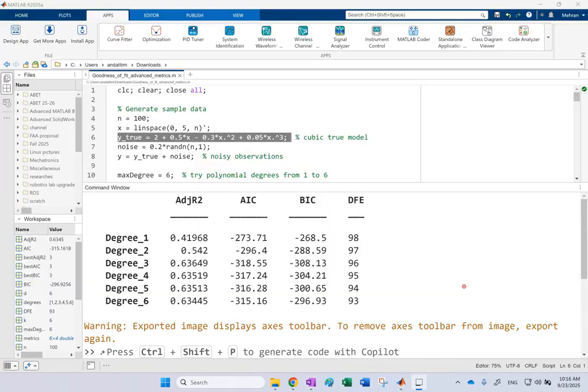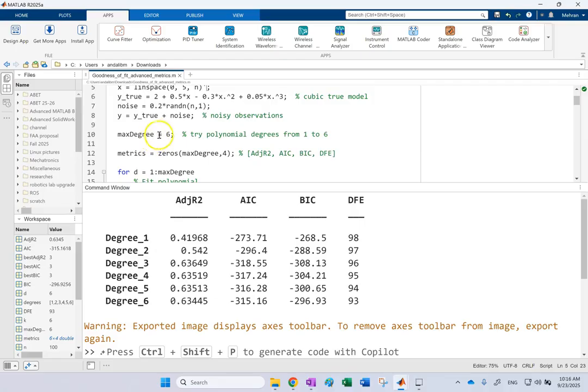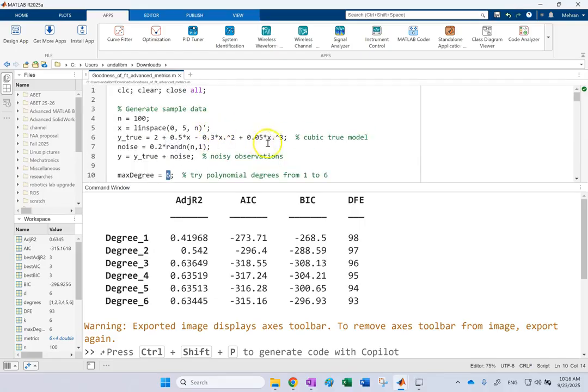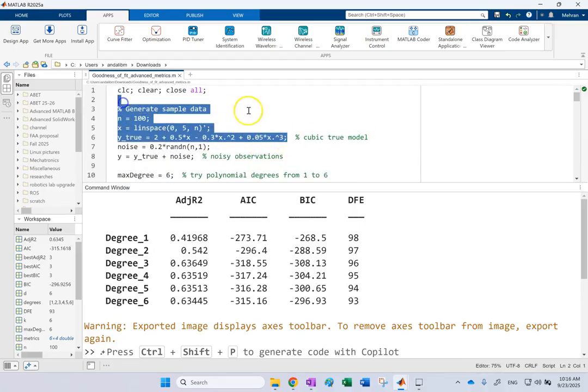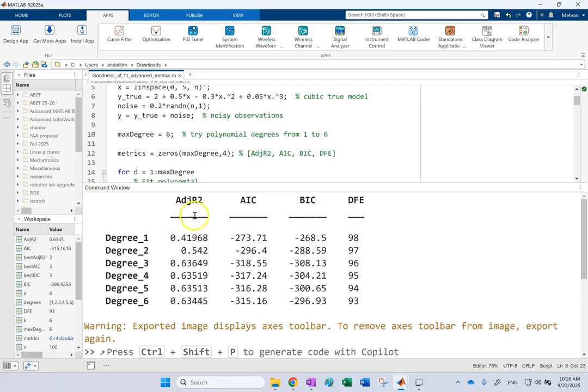So here is the result of the adjusted R squared and DFE. I have applied different polynomials, from order 1 to order 6, to this underlying function that is cubic. And you can see that as I go from the first order to third order, my adjusted R squared gets bigger. And then once I go to 4, 5, and 6, you see it's slightly decreasing.